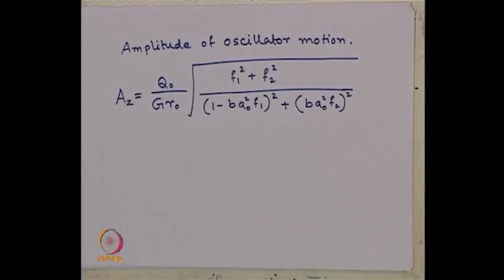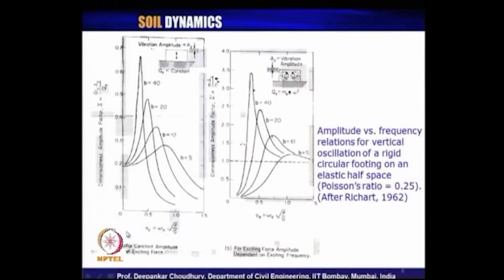Okay. So, now let us look at this chart which is given in Richart's book of 1962 for a particular value of Poisson's ratio of 0.25 for two different cases. If you look here carefully, the left hand side picture gives the variation of dimensionless amplitude factor.